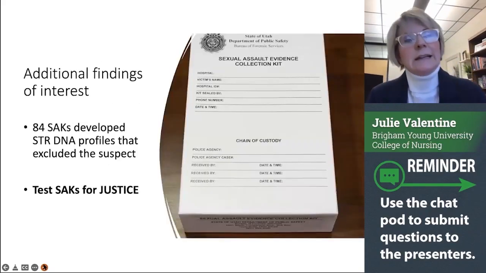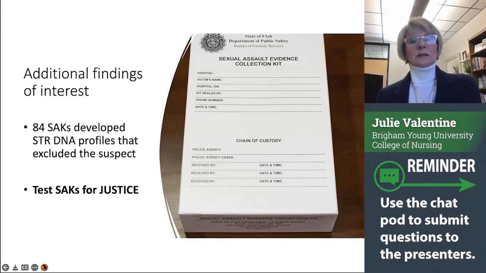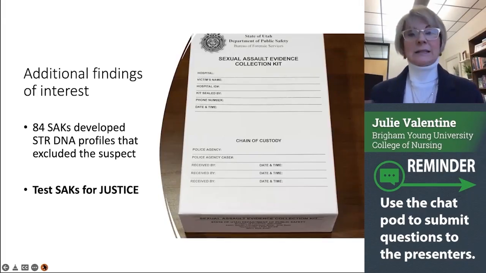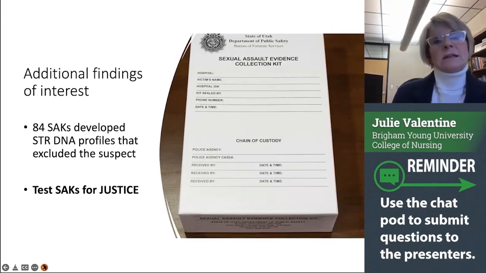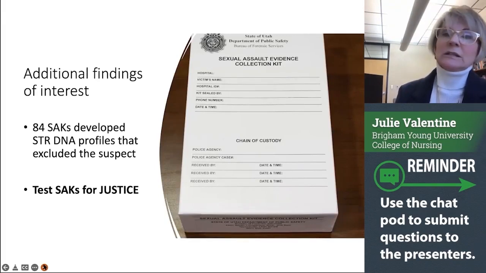So additional findings of interest, we push to have sexual assault kits submitted and tested for justice, and we frequently talk about justice for victims. We have 84 sexual assault kits where we had a suspect standard, and they developed STR DNA profiles that excluded the suspect.